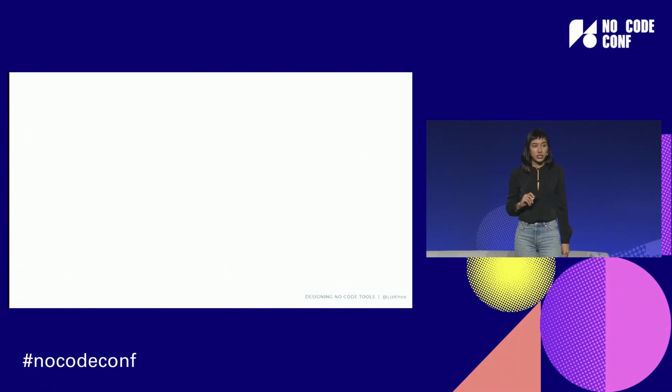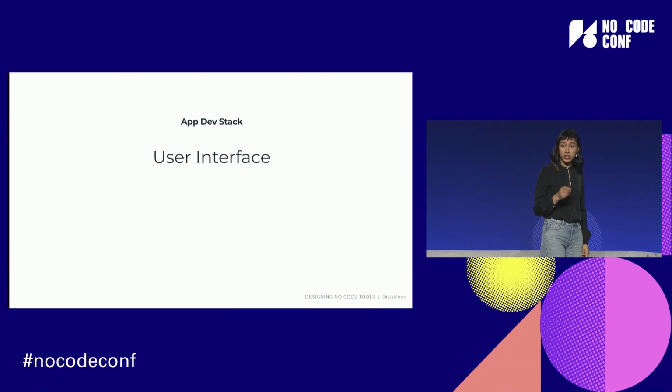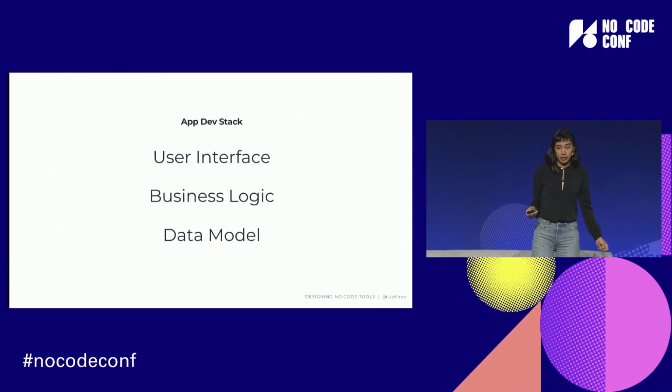I'm going to be talking to you specifically about just some of our no-code tools, the ones that I'm most familiar with. Within our Salesforce app development stack, we have different no-code tools that do user interface design, ones that help you write business logic, and then also ones that create the data model.